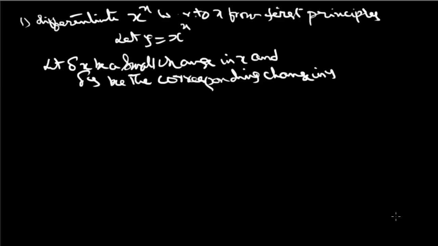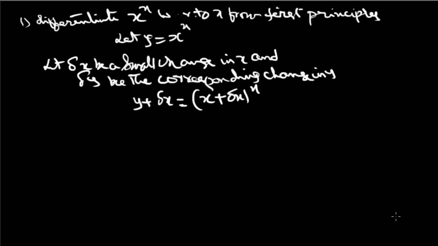When there is a change in x on the right hand side, there will be a change in y also, that is why delta y. So we write y plus delta y is equal to (x plus delta x) whole power n. Don't write plus delta x separately. Wherever x is there, write x plus delta x.